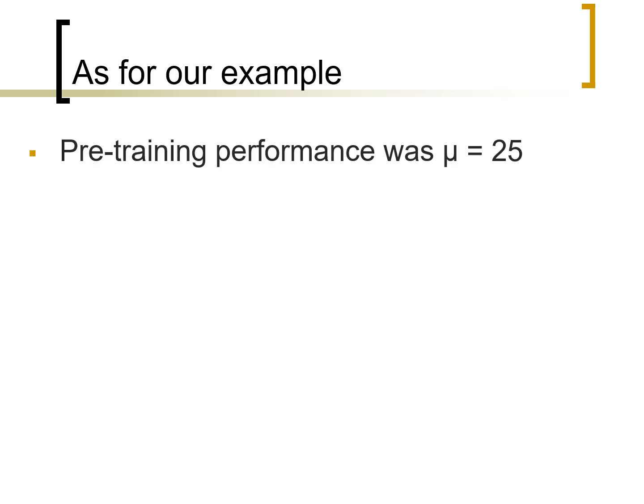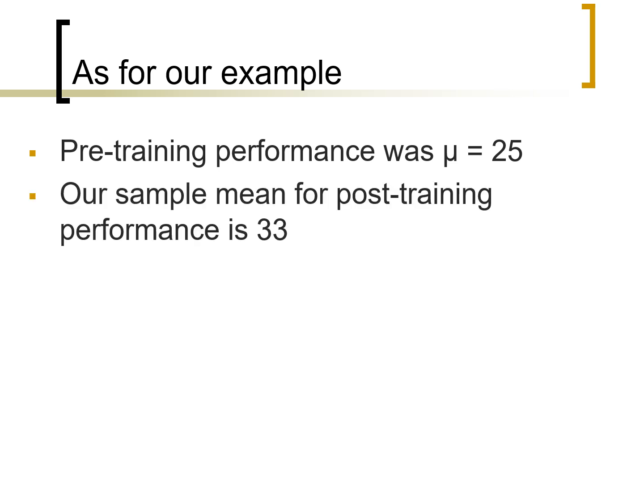So let's work through our example. Pre-training performance population mean was 25, and we have a sample mean that's 33. So we know those people that we trained have a mean higher than the population mean, but given sampling error, we have to build that in too.